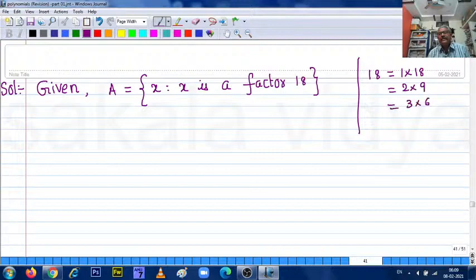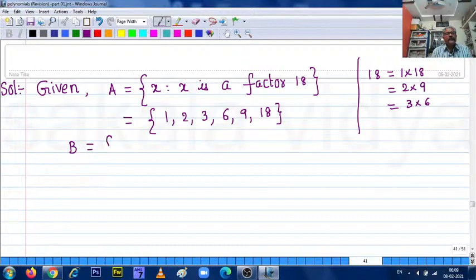The factors are 1, 2, 3, 6, 9, 18. So A equals 1, 2, 3, 6, 9, 18. This is the roster form for A. Set A completed. Go to B now.